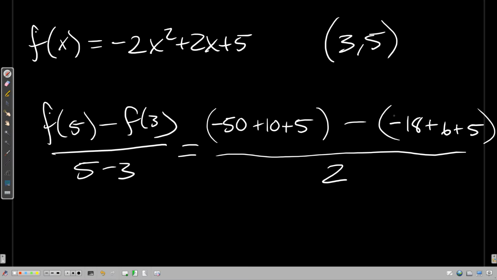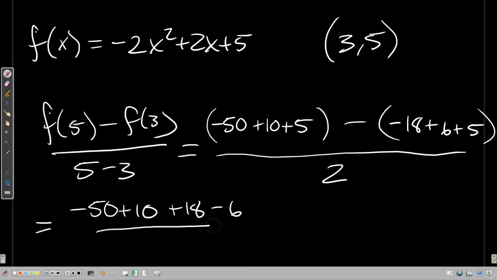Now if I distribute the negative, the 5s will cancel. Because over here is a positive 5, and then when I distribute that negative, I'll get a minus 5. So I'd be really needing to just add up minus 50 plus 10 plus 18 minus 6. And then divide it by 2.